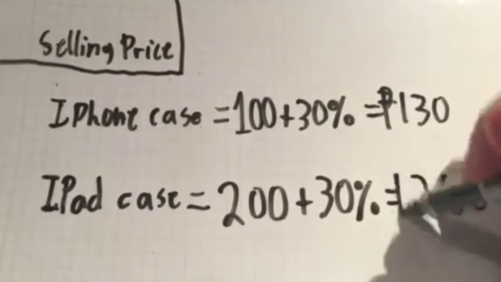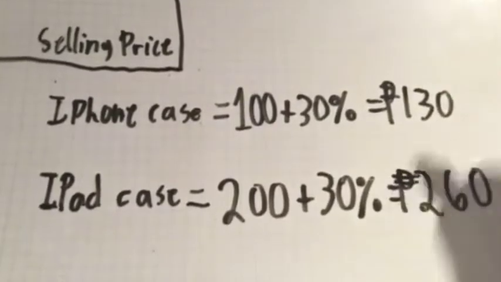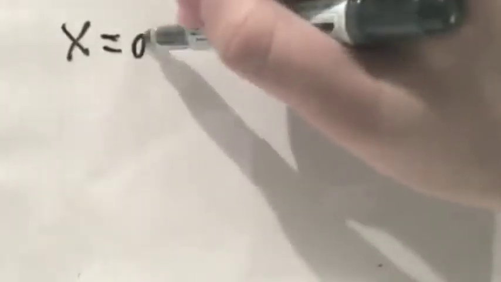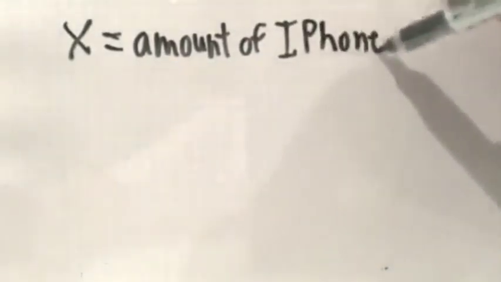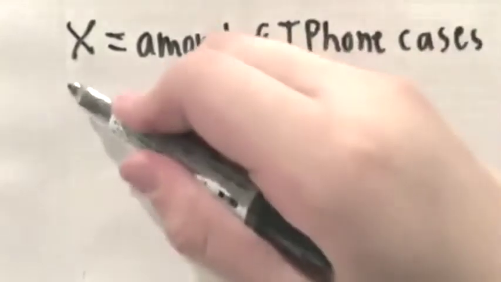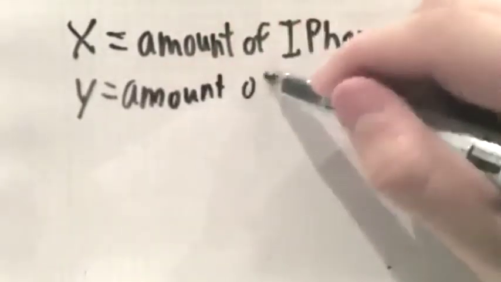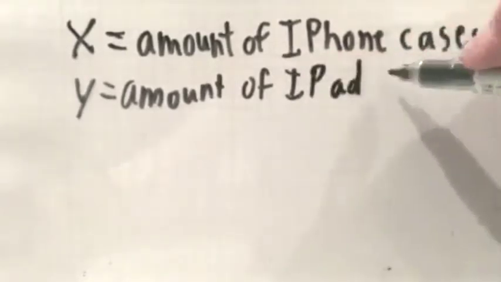How many pieces of each item should we sell not only to break even but gain profit as well? Let's make a representation of this problem. X is equal to the number of pieces of the iPhone case, and Y is equal to the number of pieces of the iPad cases.